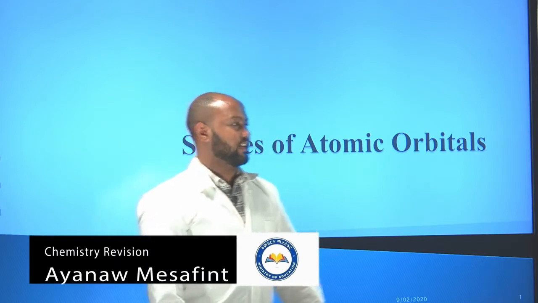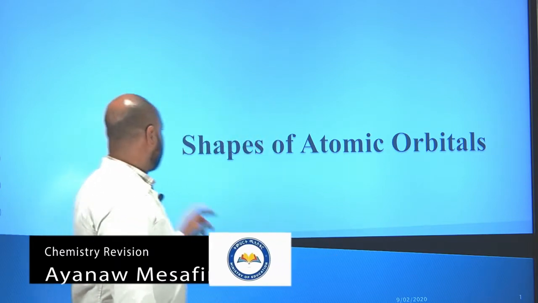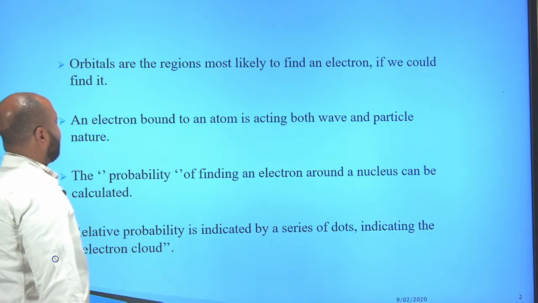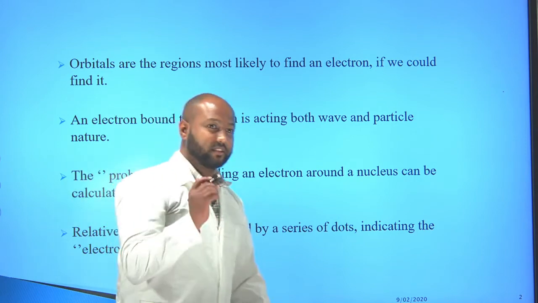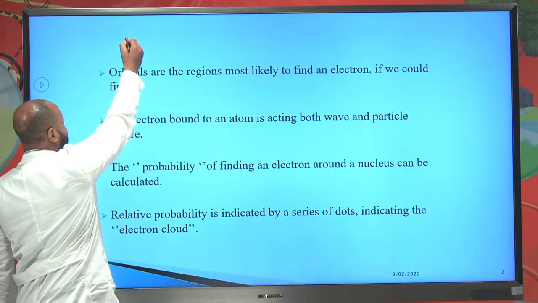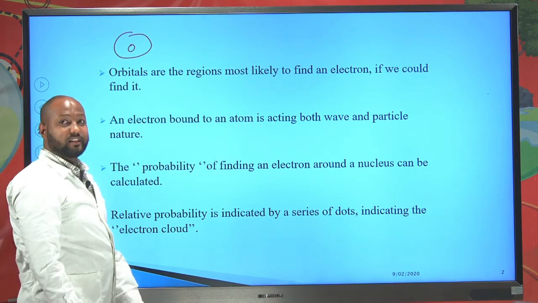Good morning, dear students. Today's lesson is about the shapes of atomic orbitals. What are these orbitals? As we know, an atom has a spherical center, the nucleus, at the center.